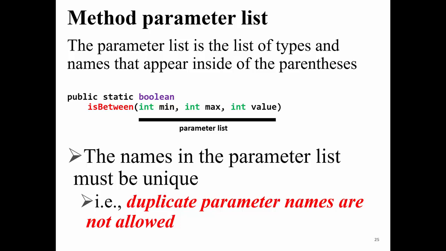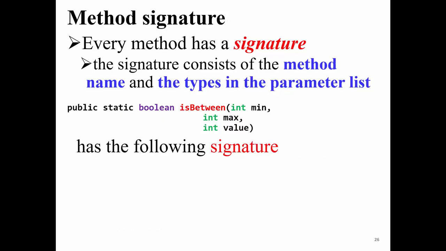It's a contradiction. You're defining three variables with the same name, and that is wrong. So we cannot duplicate the parameter name inside the parameter list. You have to give a unique name in the parameter list.